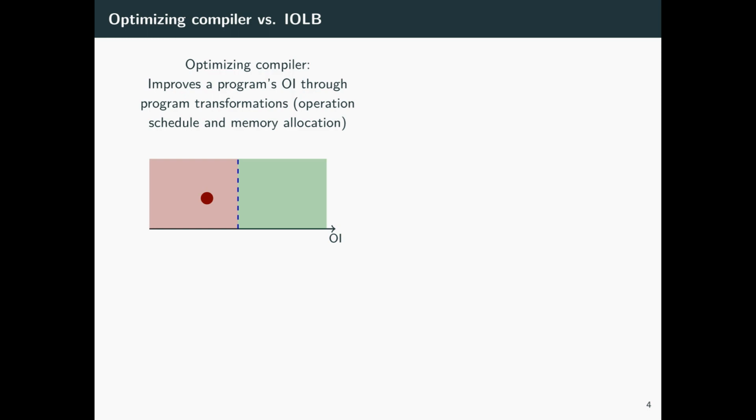So an optimizing compiler can take a program, and then maybe if you're lucky, it will manage to do some tidying and output a program with a higher operational intensity. The transformation that it can do is basically change the schedule of operations and the way memory is allocated.